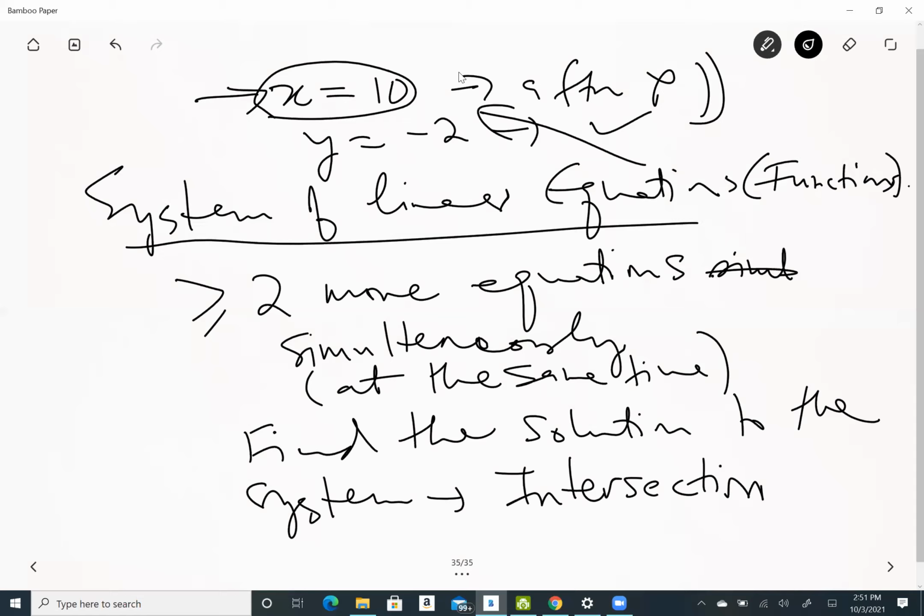You want to find the intersection of all equations in the system.